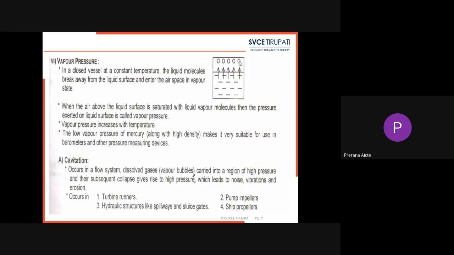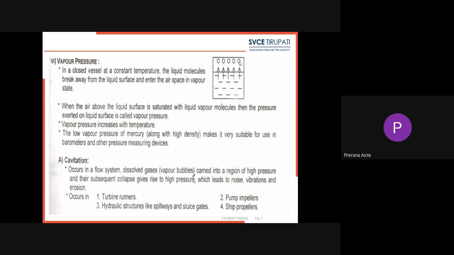Then cavitation. In cavitation also we are going to face vapor bubbles. Hence the cavitation property is a sub property of the vapor pressure. This cavitation occurs in a flow system.